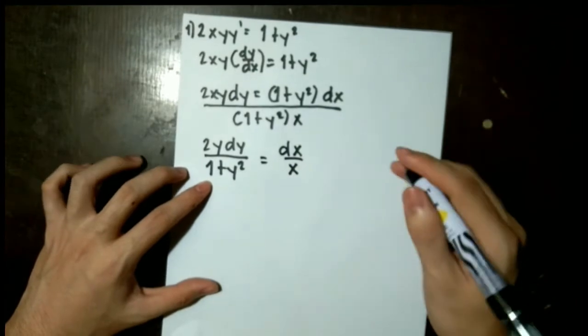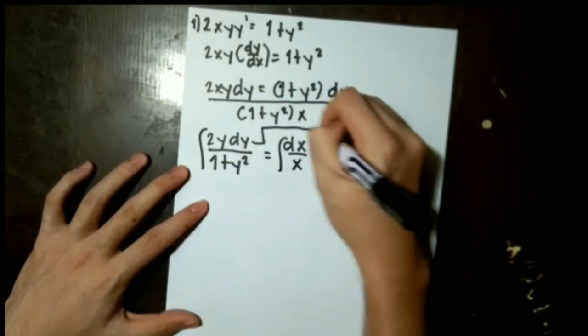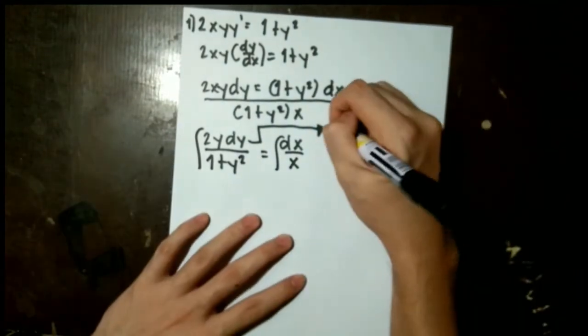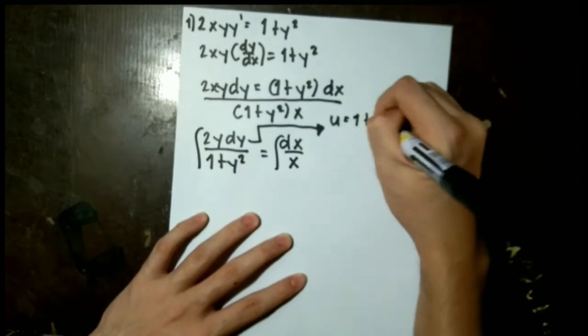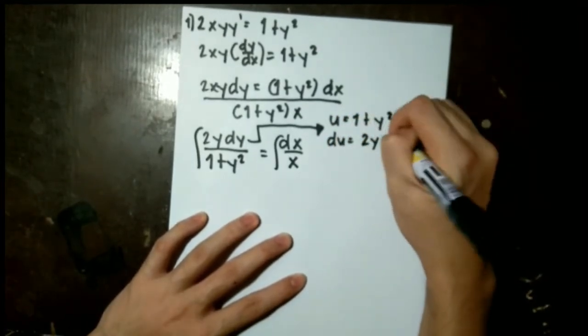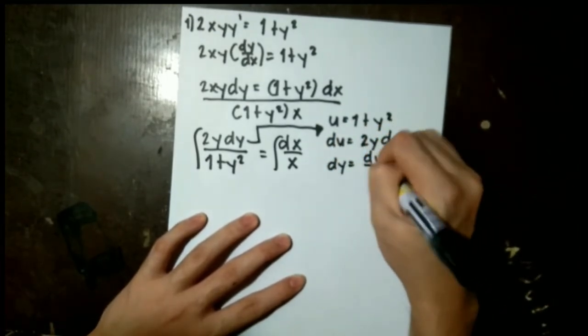So, pwede na tayong mag-integrate. So, ditong part, pwede tayong mag-u sub. So, ilet natin ng u, yung 1 plus y squared. So, ang du natin is 2y dy. So, magiging value ng dy natin is du over 2y.